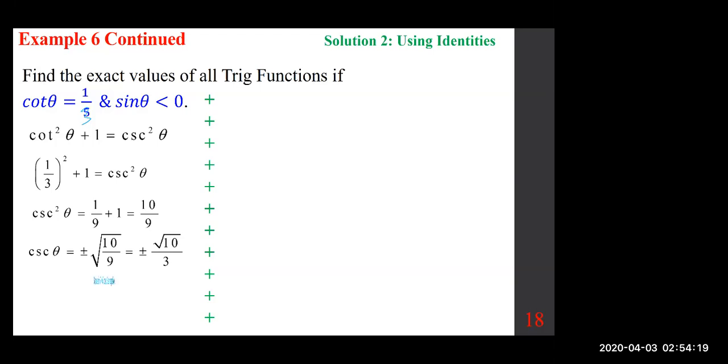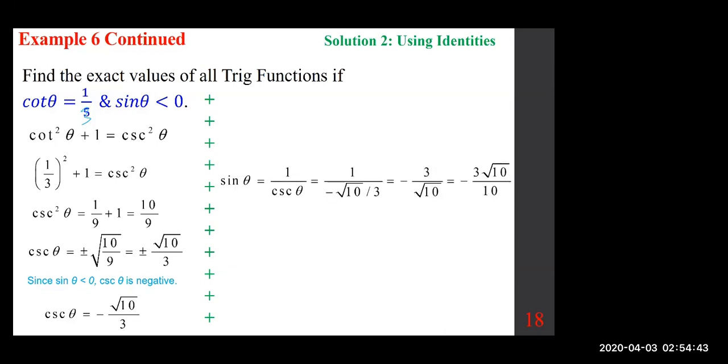And we use the negative, the reason being that it's the third quadrant. In the third quadrant, everything is negative except tangent and cotangent. Now we are practically done. If this is cosecant, sine is the reciprocal of that, tangent is the reciprocal of cotangent. Okay, so those are easy.